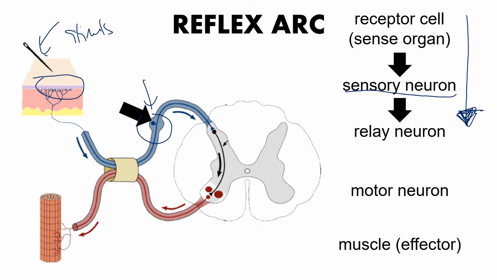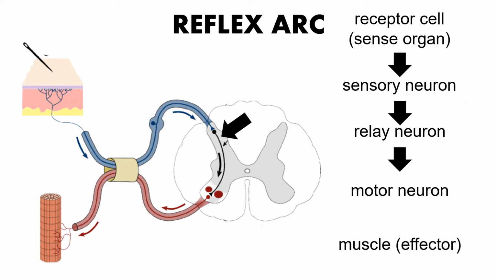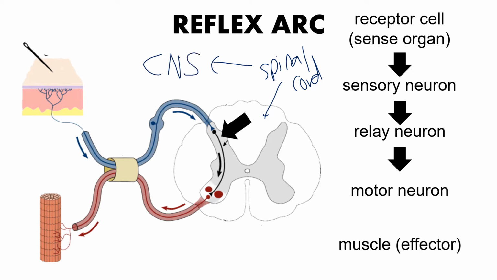Next is the relay neuron. The relay neuron is located here in the spinal cord. If you remember, the spinal cord is the part that forms the CNS, and the majority of the CNS consists of relay neurons. So the impulse will travel from the sensory neuron to the relay neuron.